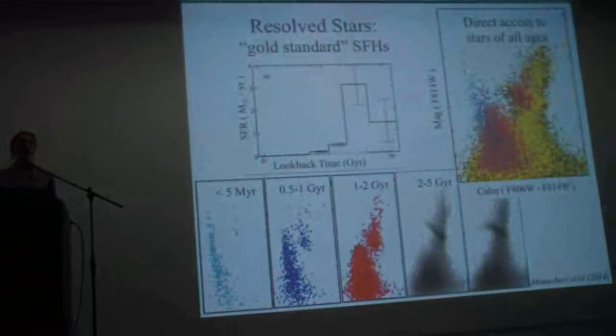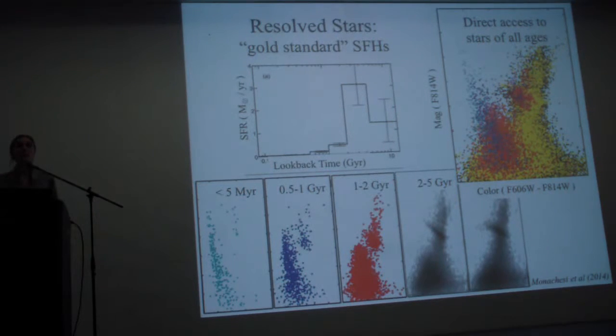So the way that you can start to break down some of these degeneracies between star formation history and age and dust is by using resolved star populations. So I'm going to spend a bit of time on this just to sort of hit home that this is our best way in terms of absolute precision and our best way of getting temporal precision in measuring the star formation histories of galaxies.